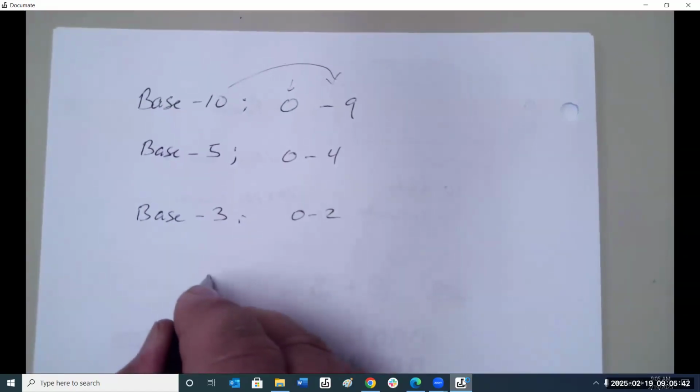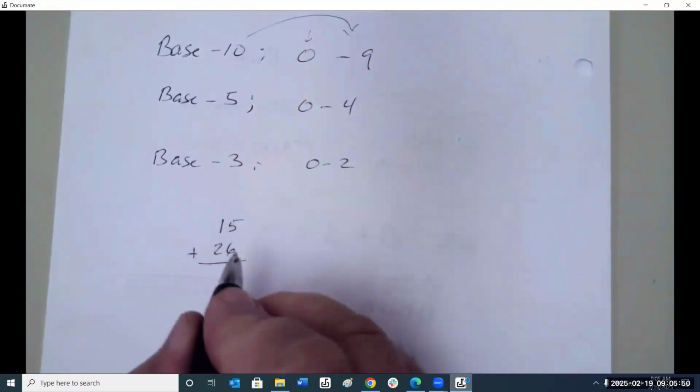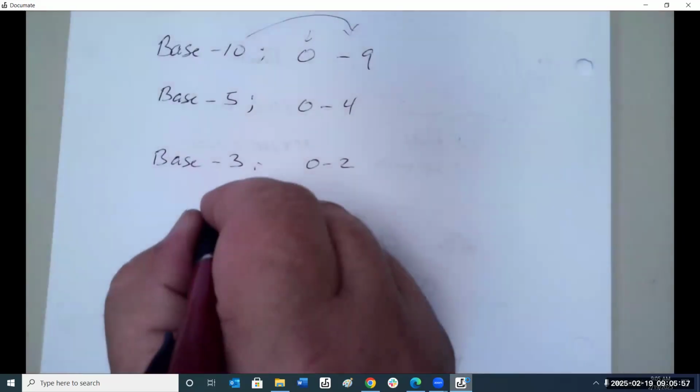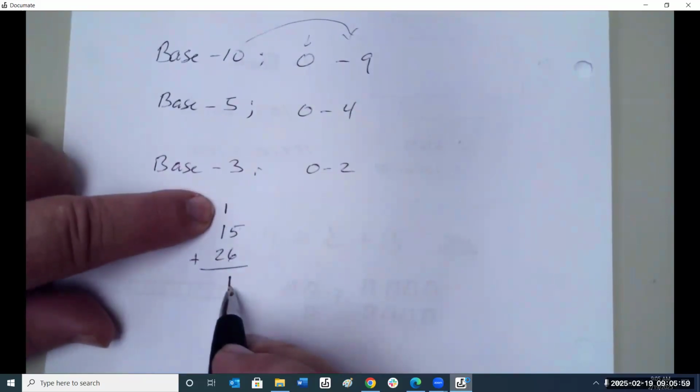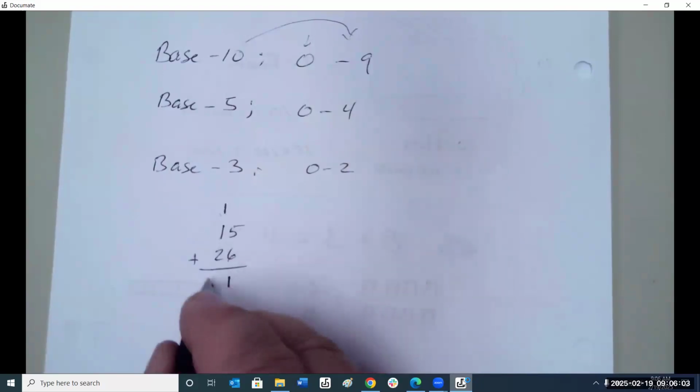So we know that 15 plus 26, when we add those, this is base 10. 5 plus 6 is what? 11. Put this in the ones, put this in the tens, because that's 11. And then we add up all these now. 2 plus 1 plus 1 is 4, so 41. Mathematically, are we sure that's base 10?